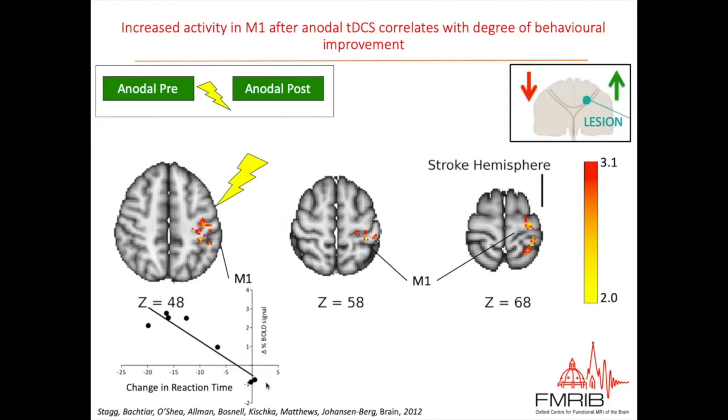We all know that some people respond more and some people respond less. And in this case, we're harnessing that to ask, what is that variability telling us? And can we relate that to changes in activity? Because we can do this in the scanner, we can start to ask these kinds of questions.